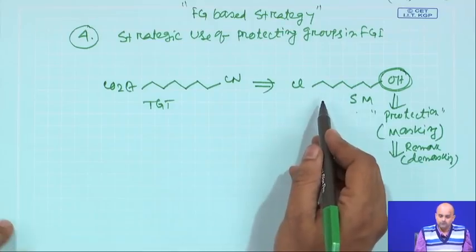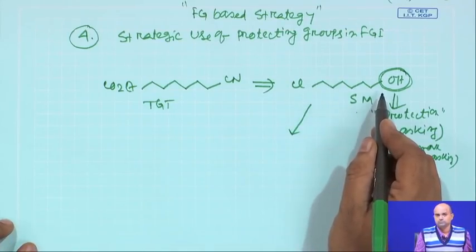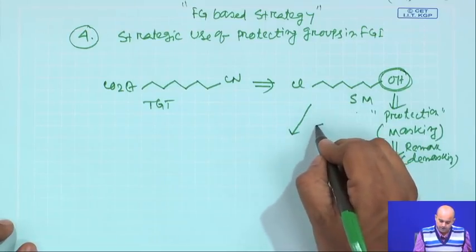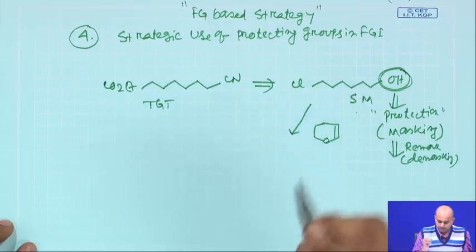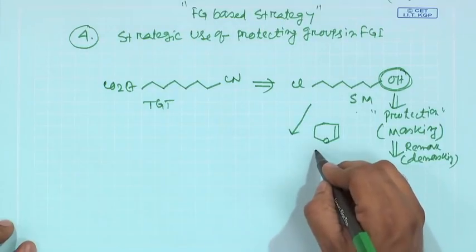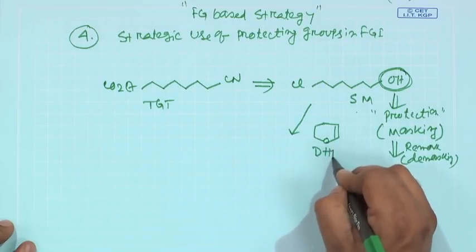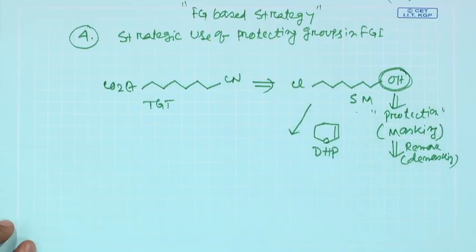Now, coming to this particular problem, the alcohol is free, so you need to use a protecting group. Alcohols are normally protected as their corresponding tetrahydropyranyl ether by a suitable reagent named DHP.